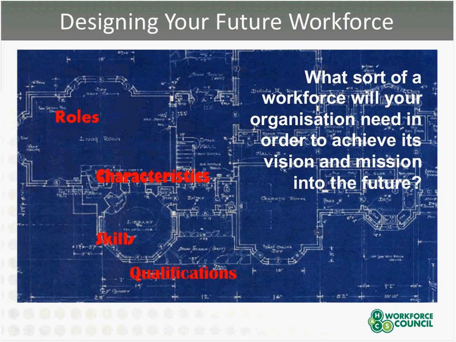So one of the important things to remember about this is that when you're looking at characteristics versus skills, characteristics are those sorts of attributes that you want to recruit for or develop through reflective practice and mentoring. Skills are the things that are trainable, that you can actually develop through formal or informal training. And qualifications refers to formal training, basically.